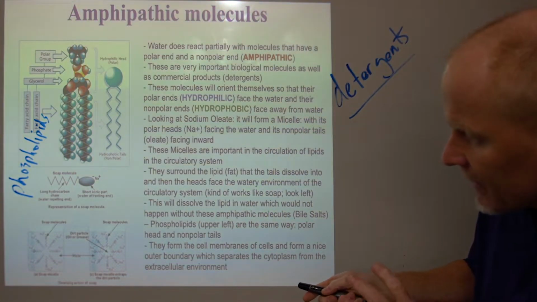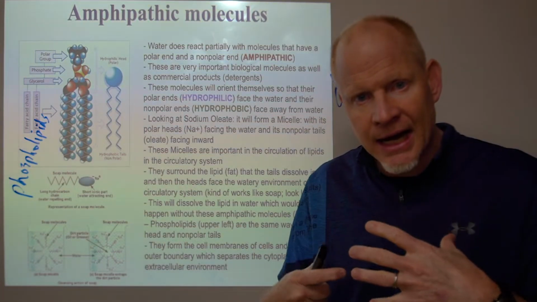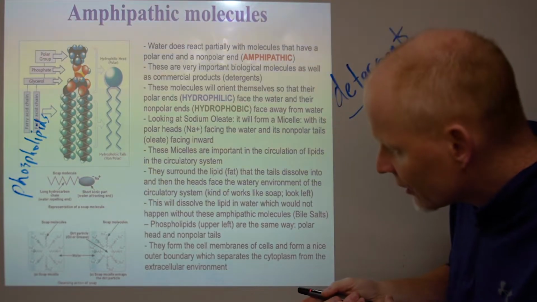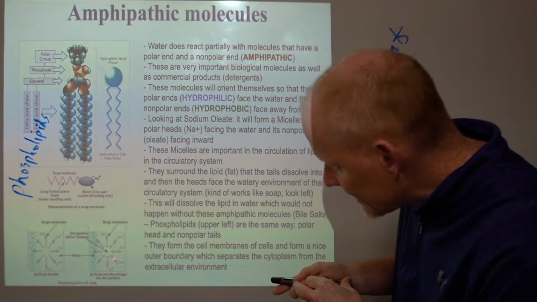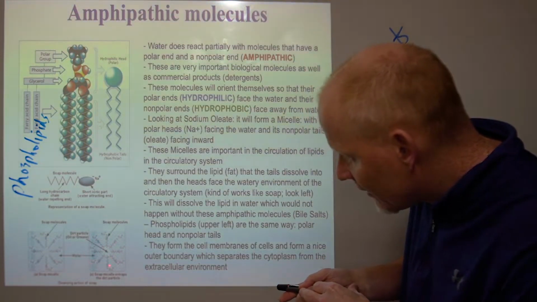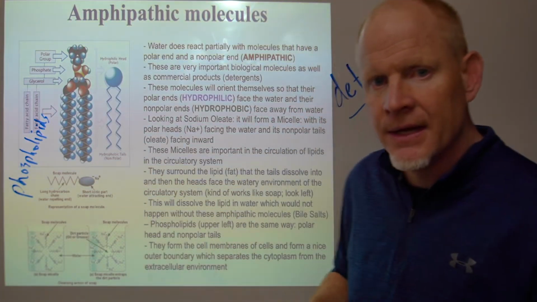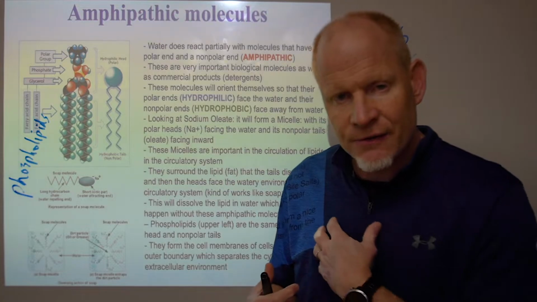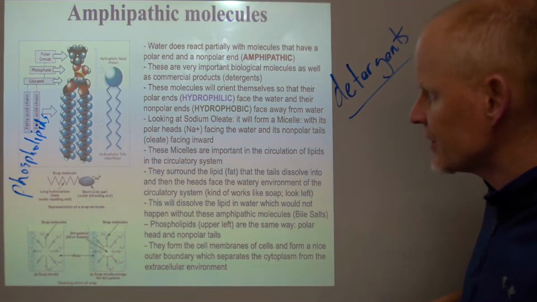And if you have a piece of dirt that's hydrophobic sitting on your shirt, you add Tide or a detergent, right? The detergent attacks the dirt on your shirt by surrounding it with its tails. And then the water molecules will dissolve around the heads and pull the dirt off of the shirt and into solution. And that's how you get these hydrophobic materials off of your clothes. That's kind of what a detergent does.